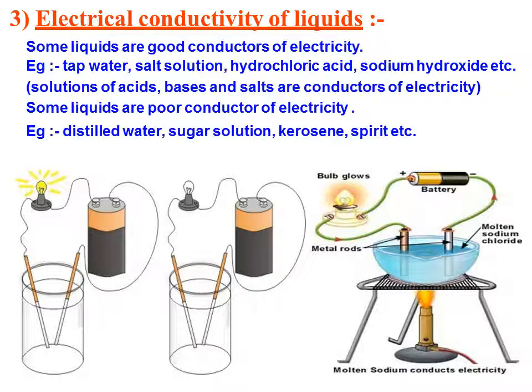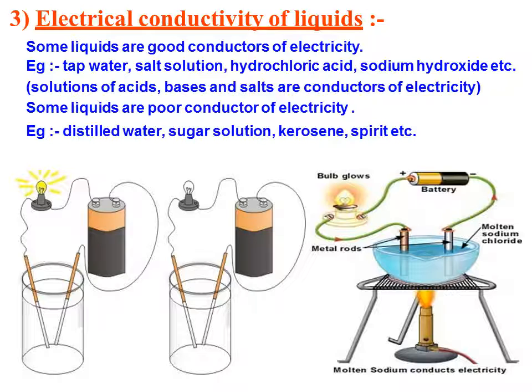So if electricity is passed through this liquid, the flow of electricity will be present. And some liquids are poor conductors of electricity. Examples: distilled water, the water that is used by mechanics, sugar solution, kerosene, spirits also, they don't conduct electricity.